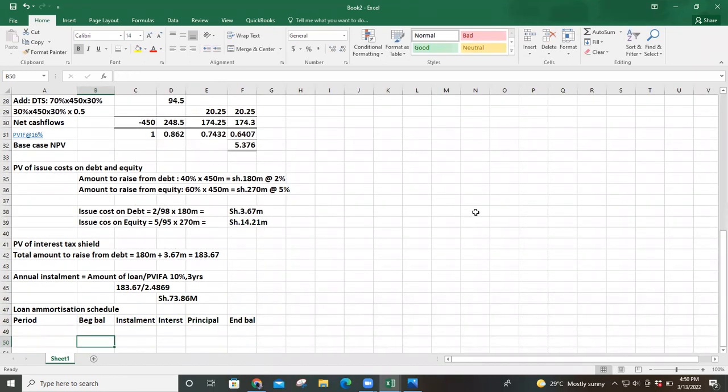The figures are in millions of shillings.